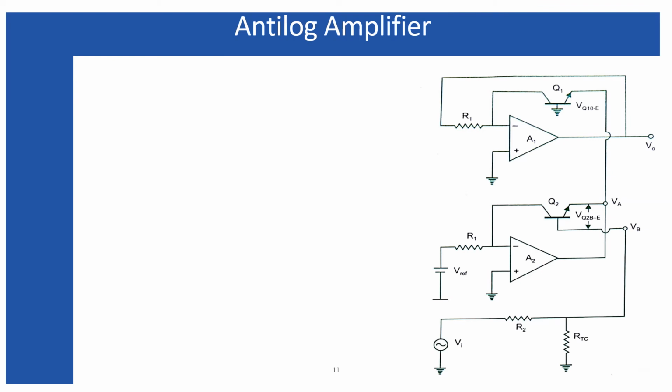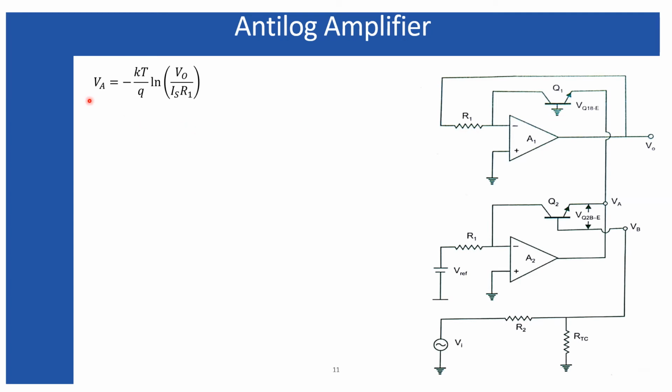Next is the anti-logarithmic amplifier or anti-log amplifier. So this is the basic circuit diagram for the anti-log amplifier. First I need to find out this Va and Vb. Vb is simply the fraction of the input voltage appearing across the temperature compensating resistor RTC, and Va we can easily obtain since Va is the potential at the emitter terminal of this Q1 which has a grounded base.